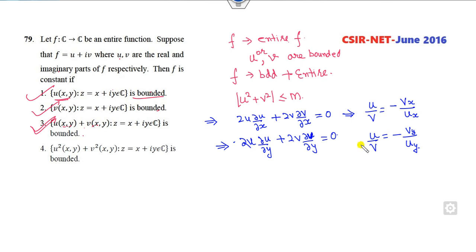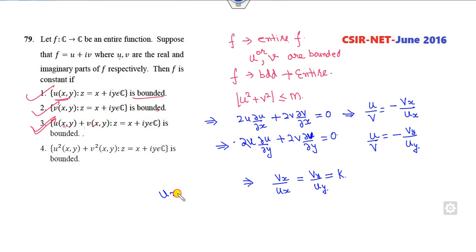Is it fine? Now what is the meaning of that? Both are the same. So once both are the same, it means vx over ux is vy over uy. So what is the meaning of that? What can you say about that? Both are constant, say k.